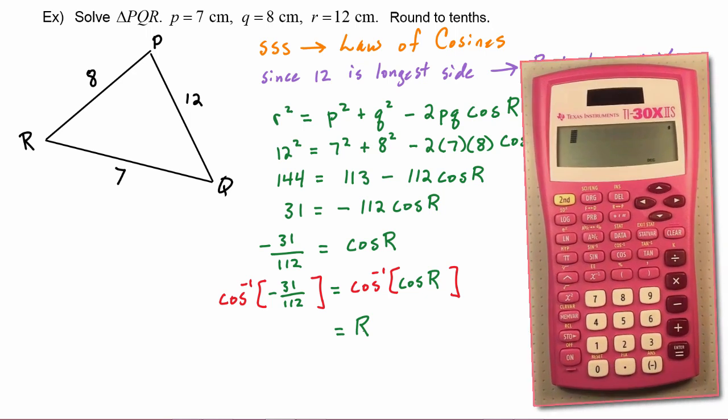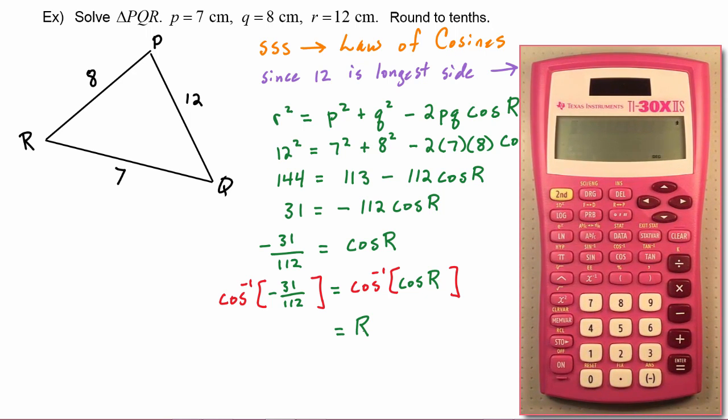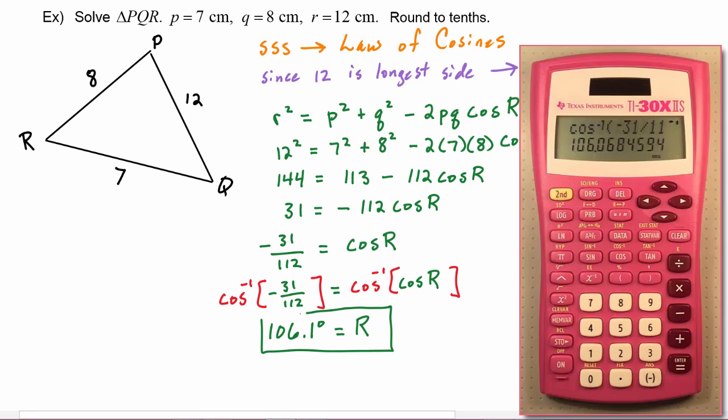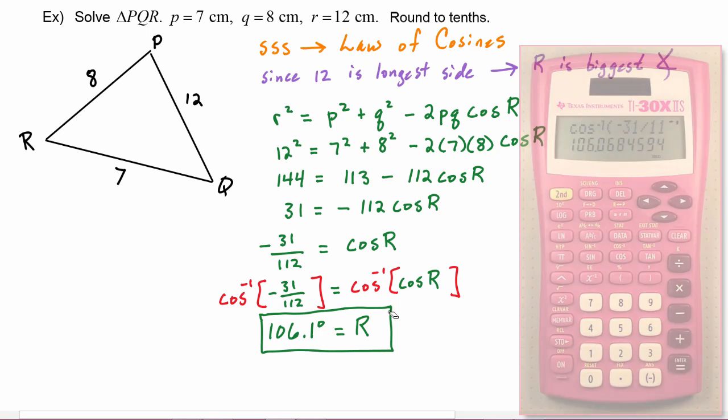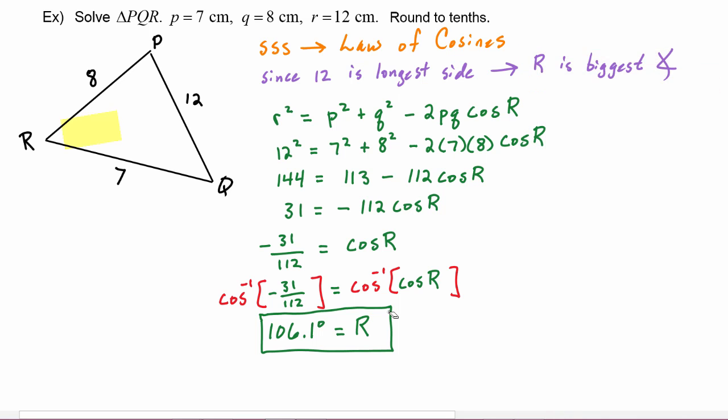For the left-hand side, we'll pick up our calculators and input second cosine inverse of negative 31 divided by 112, close the parenthesis and hit enter, and rounding to the tenths place, we see that we are going to get 106.1 degrees for angle R. Put a box around your answer in your work, and let's go ahead and label it in our diagram.